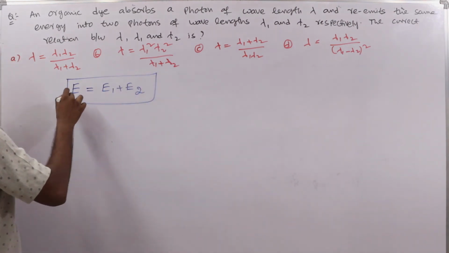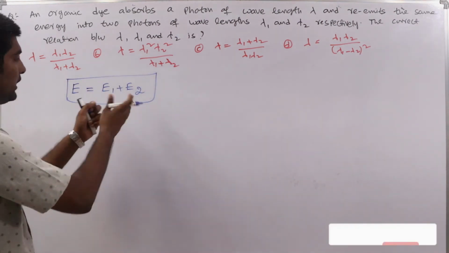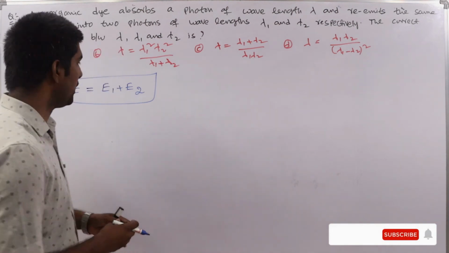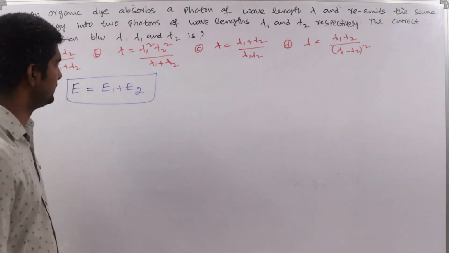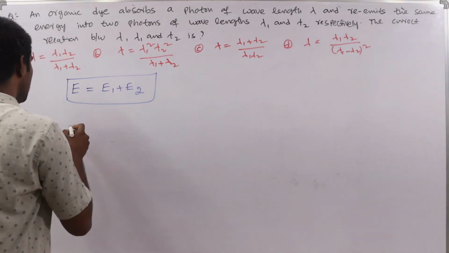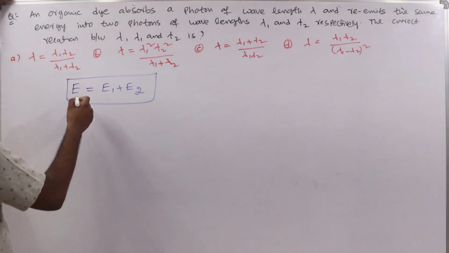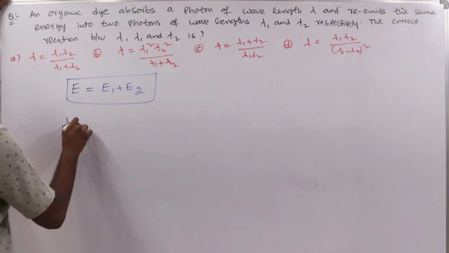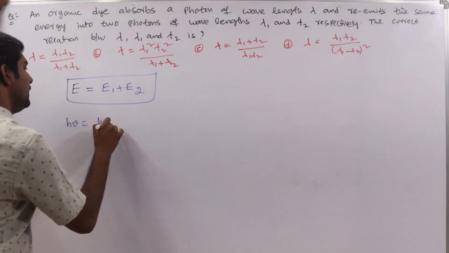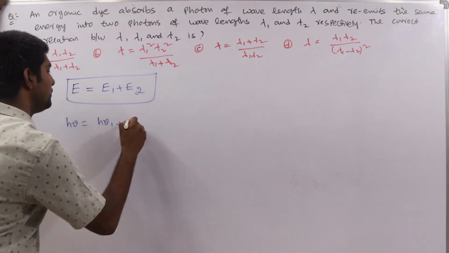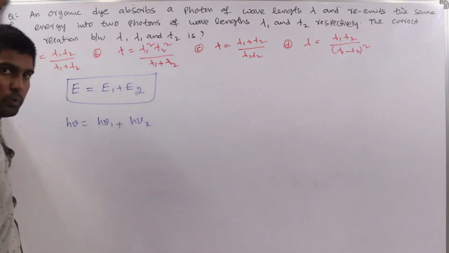This is the absorbed energy. The same energy is emitted in the form of two photons with E1 and E2 as their energies. So we can write E equals h nu, which we discussed just now, and E1 equals h nu 1, E2 equals h nu 2.